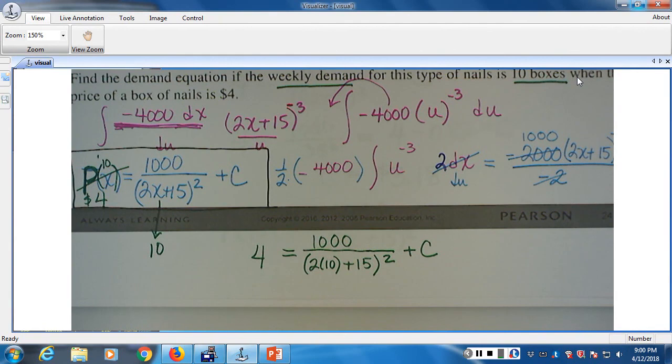It has to be given to you. And since the price function, the price is $4 and the quantity is 10, when you have 10 boxes, then the price is going to be $4 per box. Okay? Now, I'm sorry I didn't make that real clear.